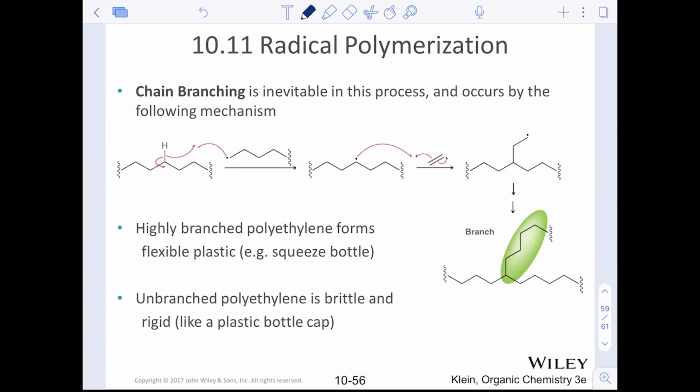So if you start having multiple branching, the polymer itself is a little bit more flexible. The unbranched polyethylene is more brittle, like the top of the plastic container, right? So you can see the 2 different feels of the plastic itself, and it's based off of what the structure of the polymerization actually looks like.